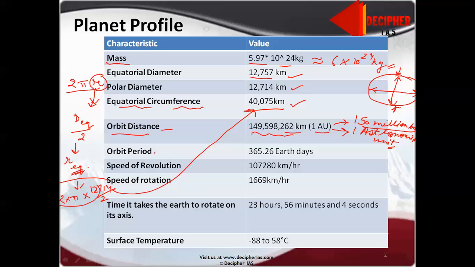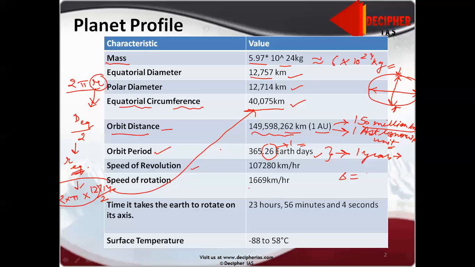Now orbit period we know is 365.26 Earth days, in which we complete a whole year, and after 4 years we have a leap year because this 0.26 adds up to 1 day and a little extra. So speed of revolution. How can you calculate the speed of revolution? Speed is equal to distance upon time. What distance will we take?